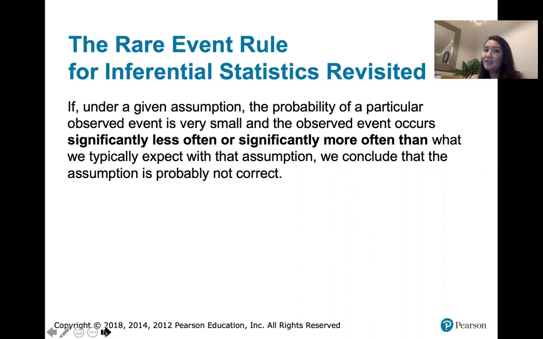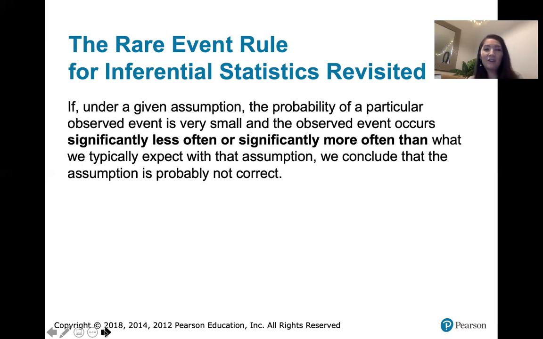If we have that assumption and we know that the probability is supposed to be very small, but then the observed event occurs significantly less often or more often than what we would expect, we usually say, okay, if this is happening so much more often or so much less often than we would expect, maybe our assumption was wrong. We can conclude that that assumption is probably not correct. That's the rare event rule.